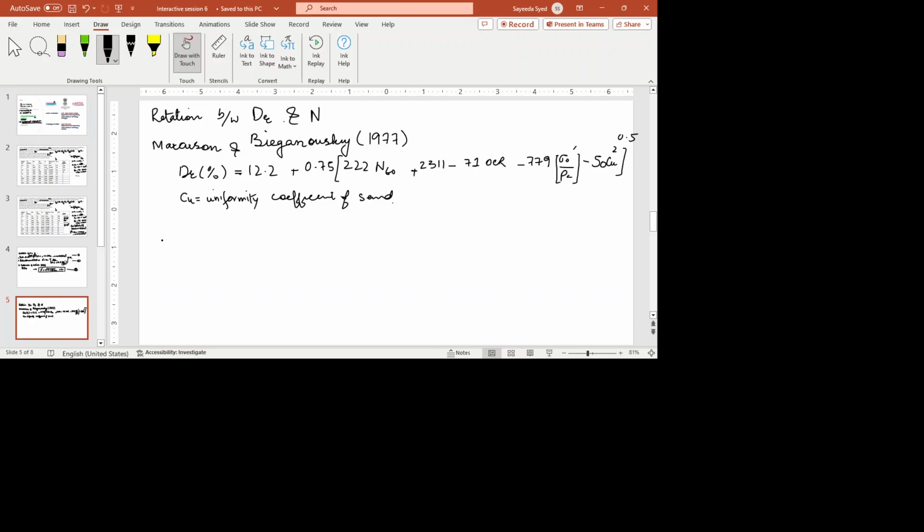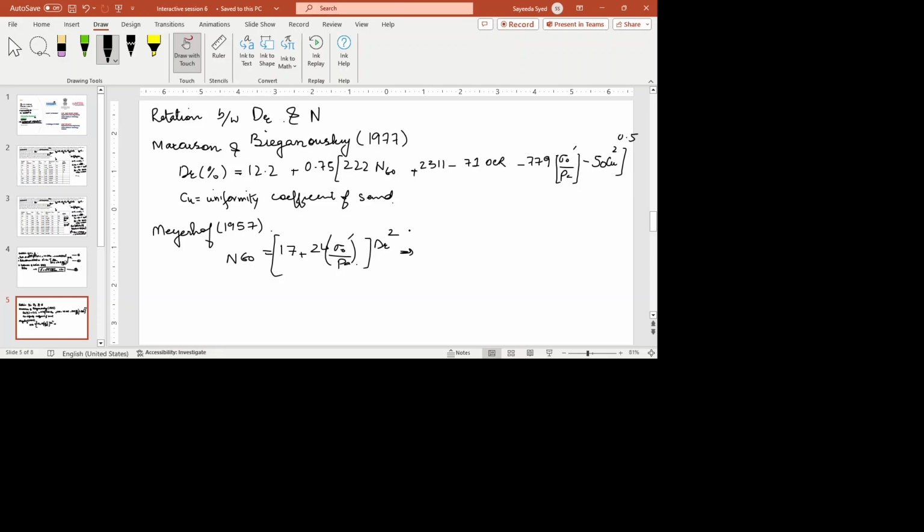Another relation for Dr is by Meyerhof in 1957, given as N60 is equivalent to 17 plus 24 times sigma naught dash by Pa into Dr square.